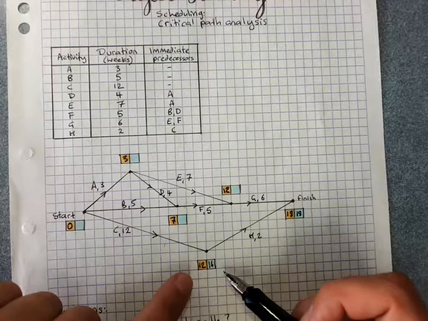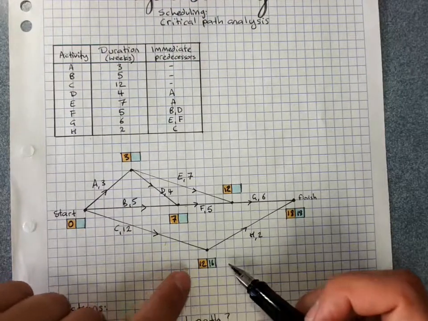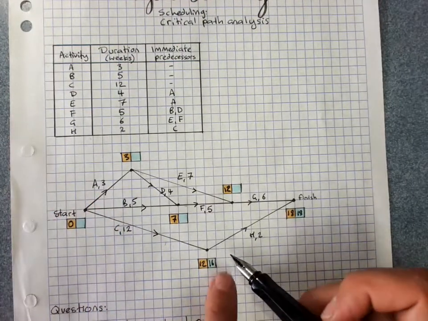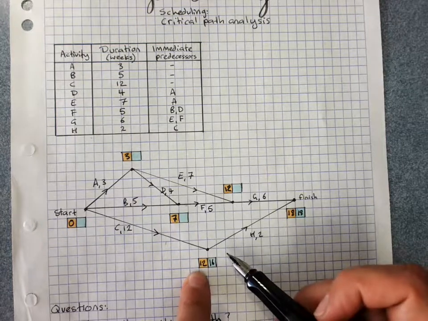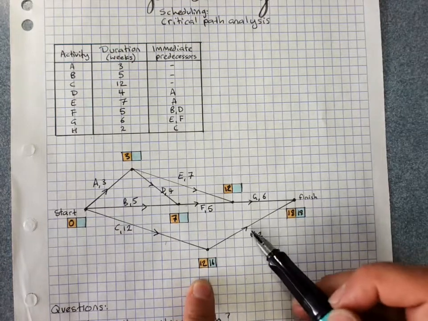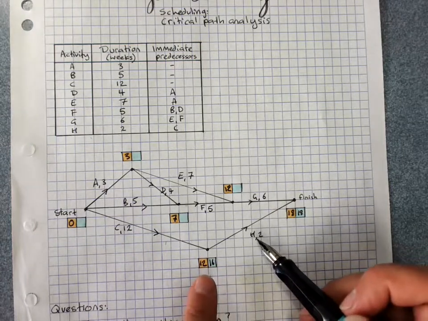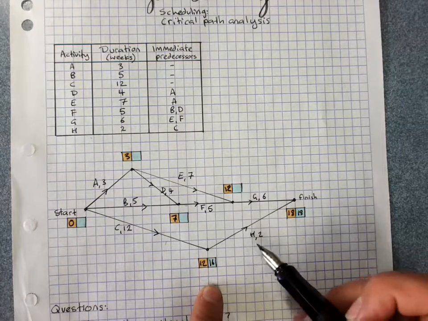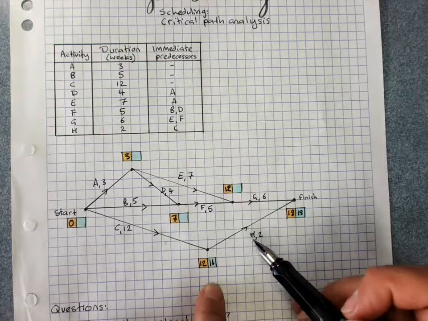And remember that float time, the amount of flexibility we've got, is the latest starting time minus the earliest starting time. So I've got float time for the starting point of H of 4 weeks, where we can be a bit flexible and there won't be a delay to the overall project.